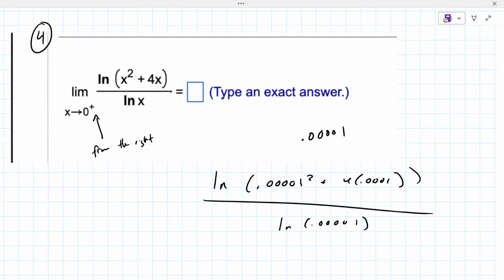I think I did. Is that wrong? Hold on. Oh, I got 84.83.